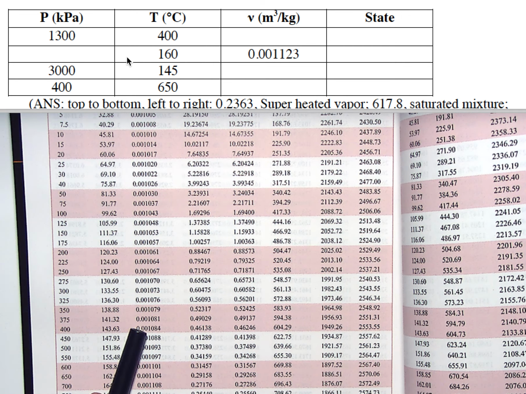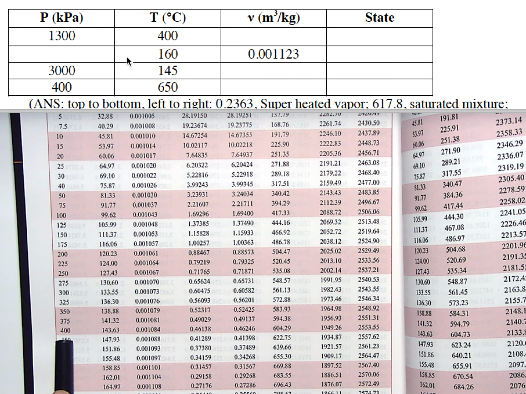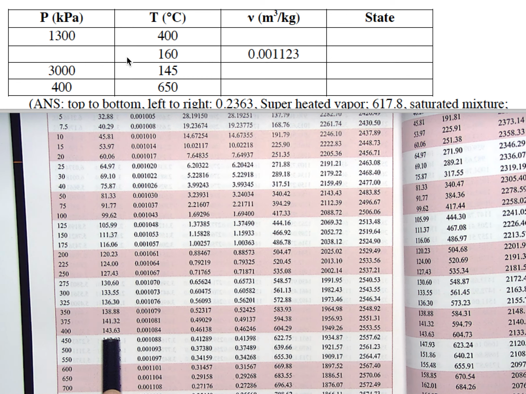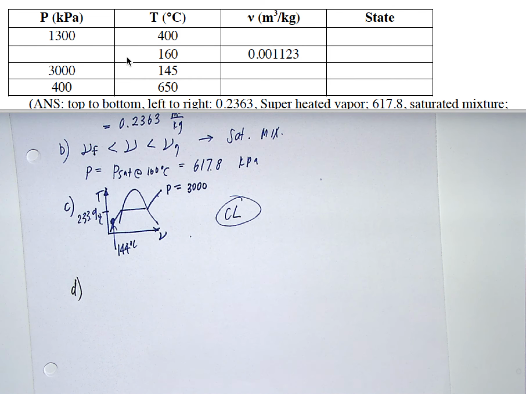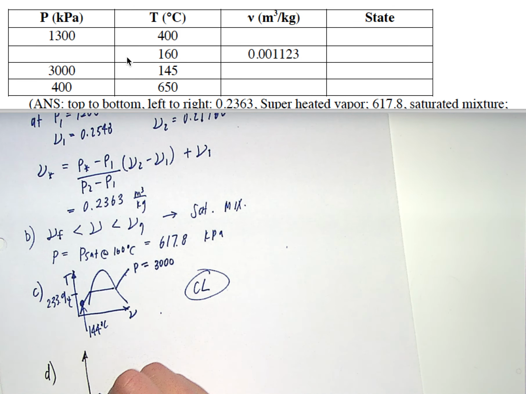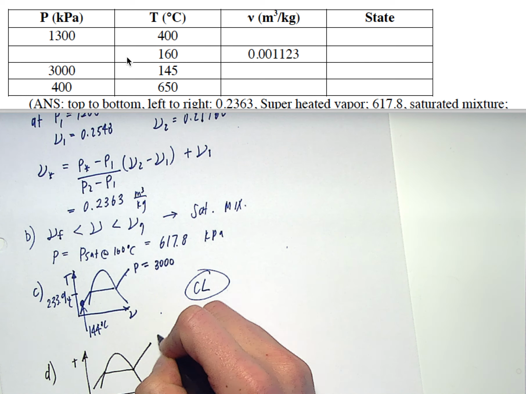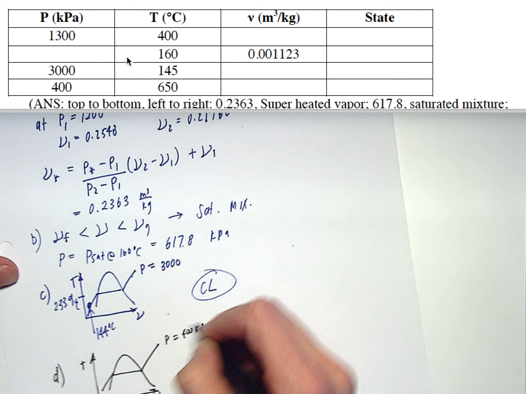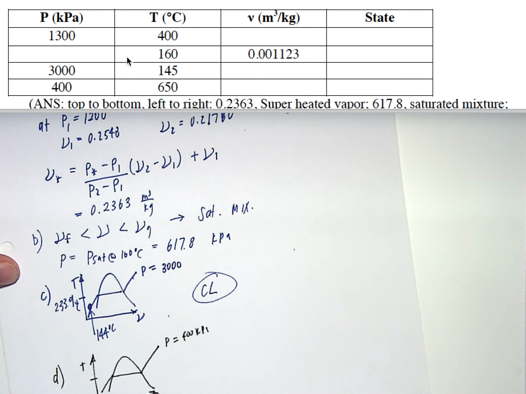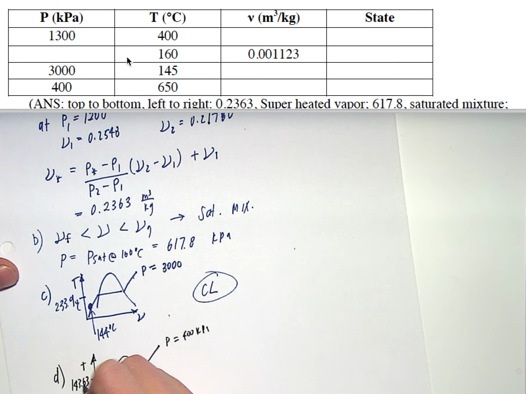Oops, I'm a little bit too low. 400 kilopascals right here. And I'm going to look at the saturation temperature, which is 143.63. I'm going to draw my TV diagram again. In this case, I'm at P equals 400 kilopascals, and the saturation temperature is 143.63.